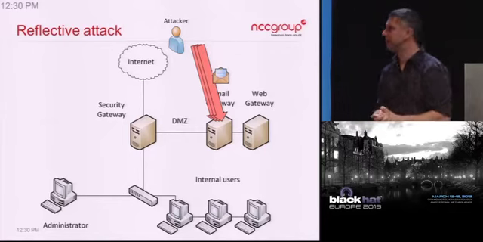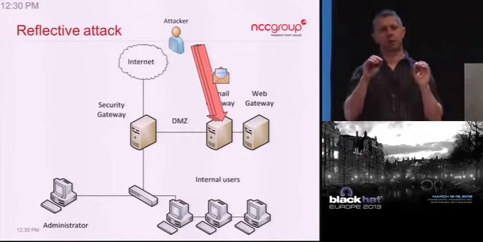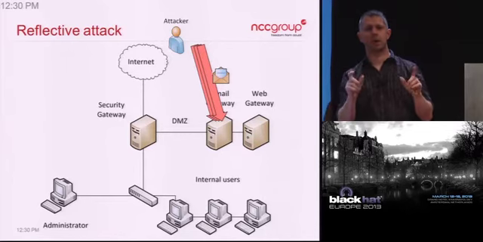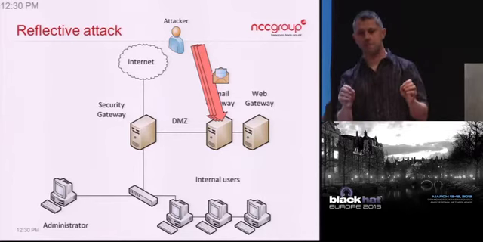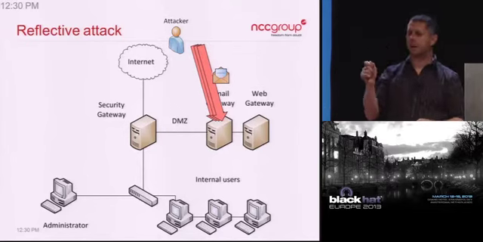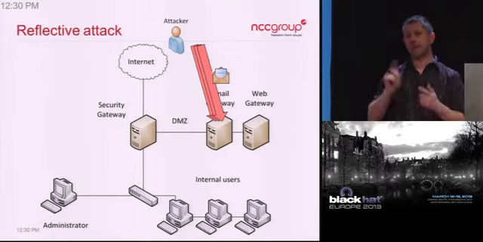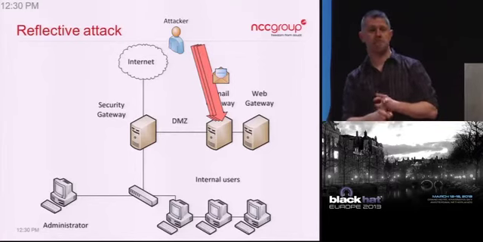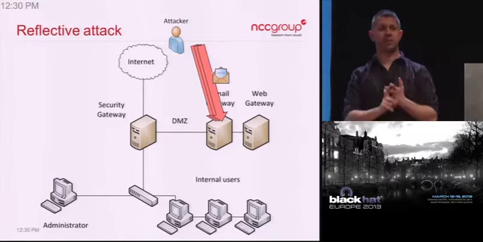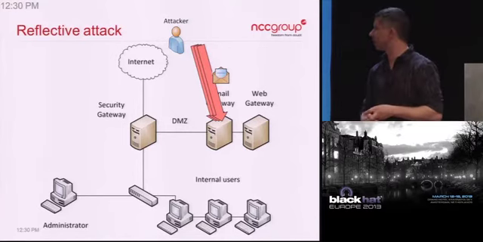But probably more commonly, some of these products mark every message they process with the product name and the exact product version in an X header. By sending emails to non-existent users and getting bounce messages, you can get the product version, but you can also often get the internal IP address of the machine, which are two of the three things you need in order to do these kinds of reflective attacks.